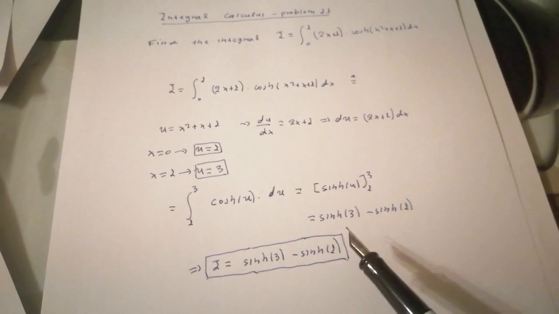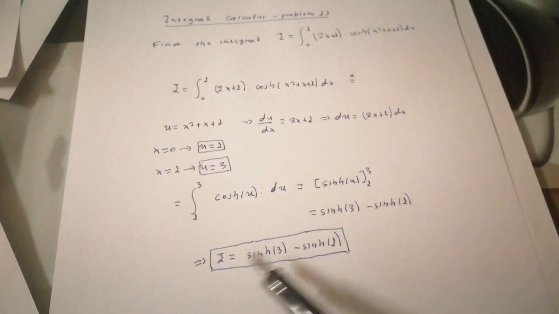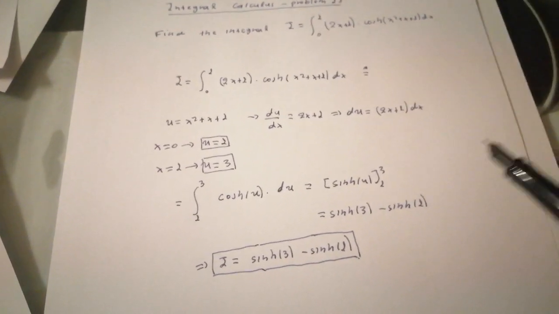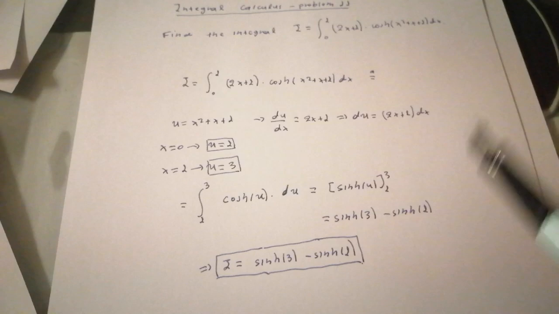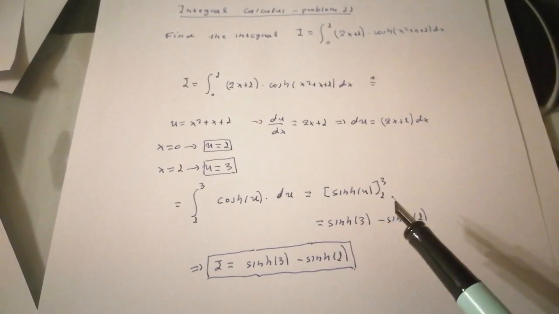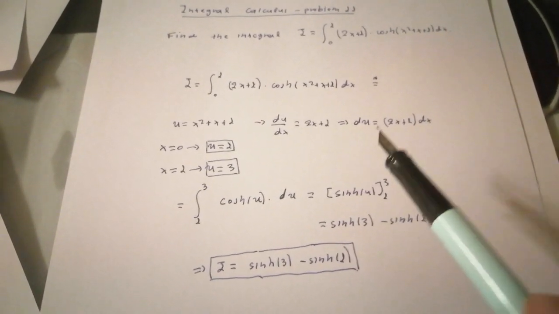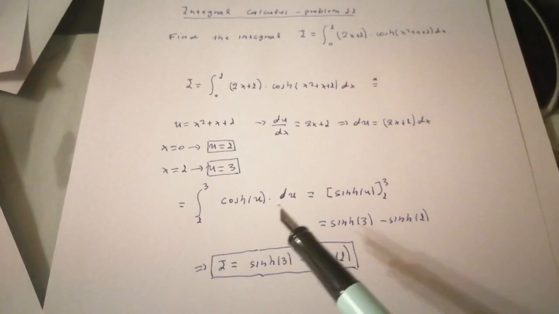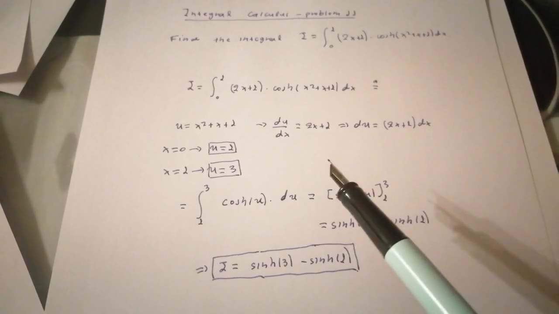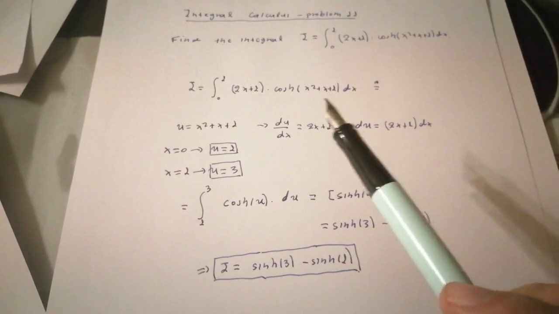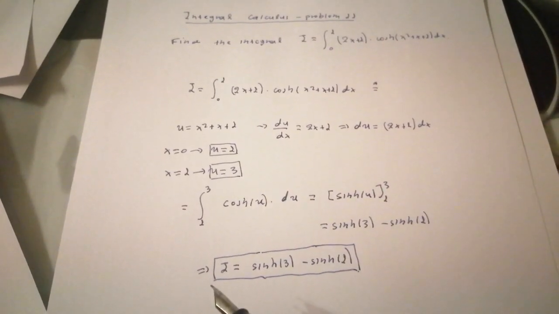So we have this expression here, and finally my integral is computed. Usually substitution helps a lot to simplify things, but you can compute this integral alternatively by not having to do this kind of substitution.